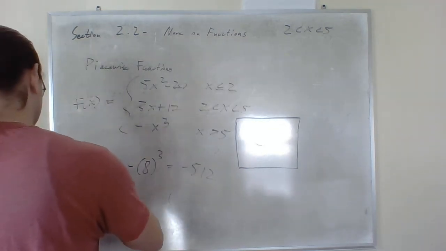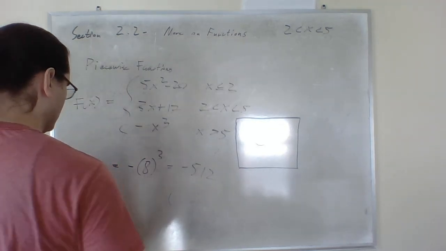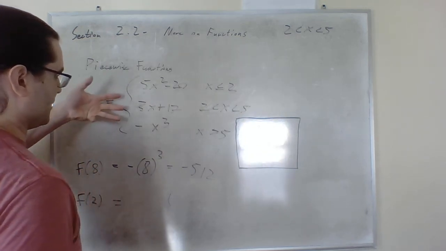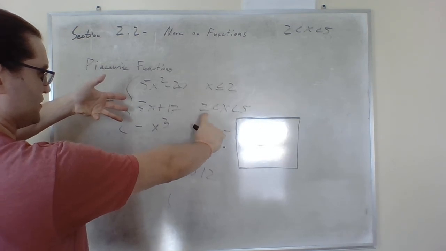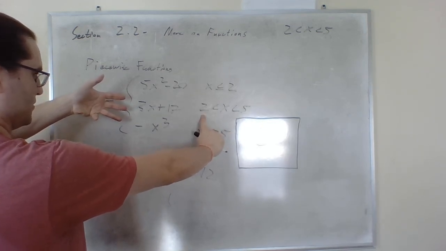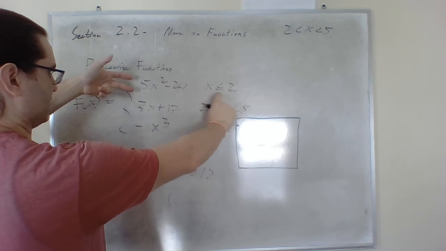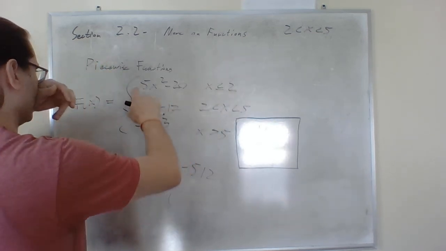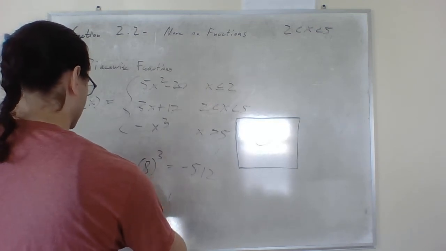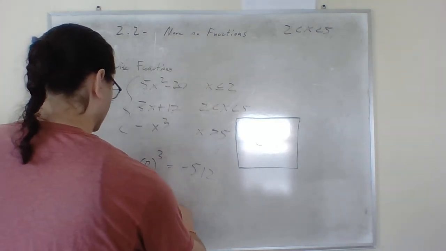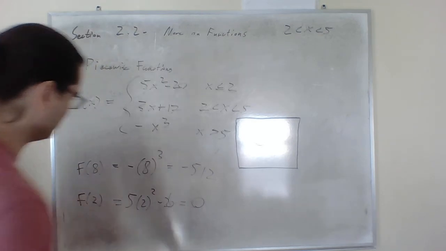If something asks for f of 2, we need to figure out which rule to use. This one looks tempting because I see the 2, but this is a strict inequality. So I can't use this, I have to actually use this one. If x equals 2, I'm using this guy. And that'll be 5 times 2 squared minus 20, which is I think 0.